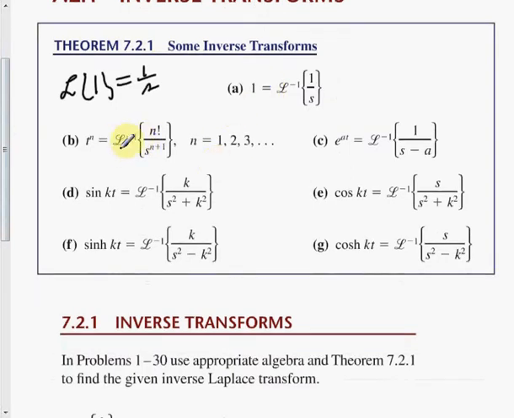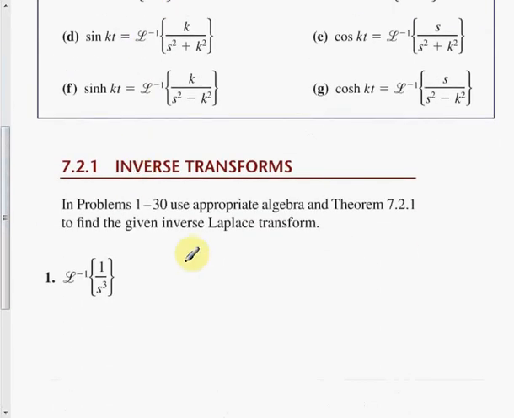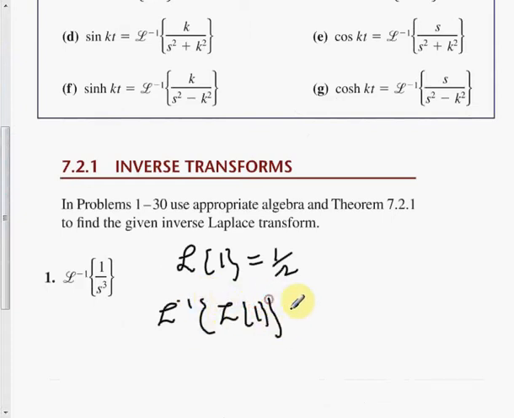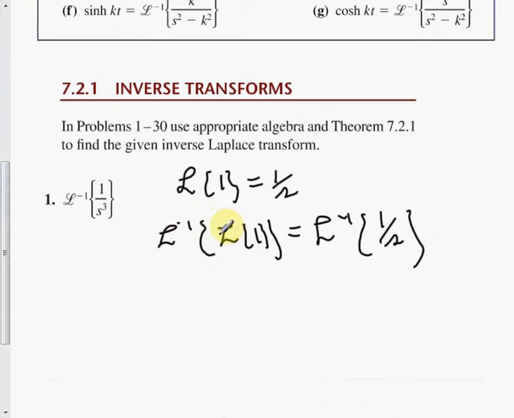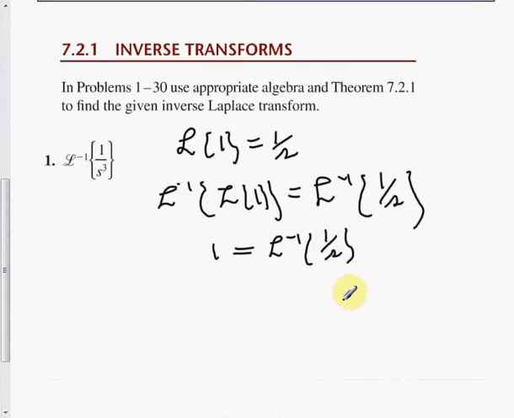All the way through, these inverse transforms come from the idea that if I know the Laplace transform of 1 is 1 over s, then if I take the inverse transform of both sides, the inverse Laplace transform of the Laplace transform is just that inside function, 1, and so that's the inverse transform of 1 over s. And that's the case for all of them.